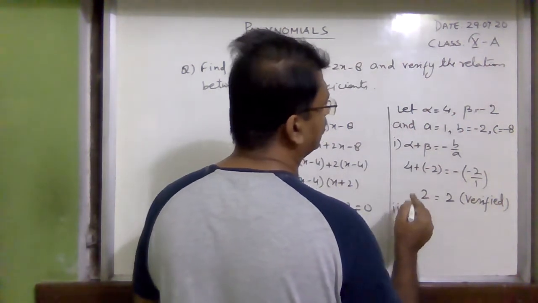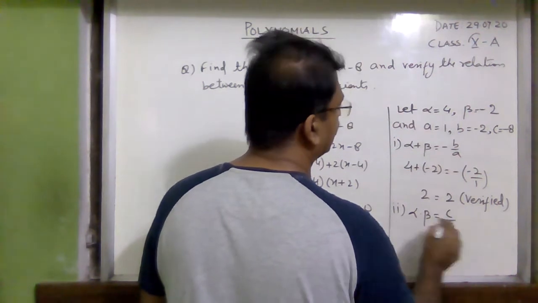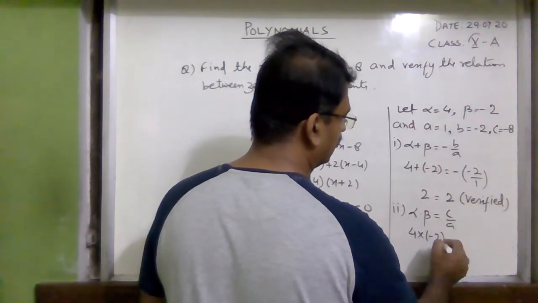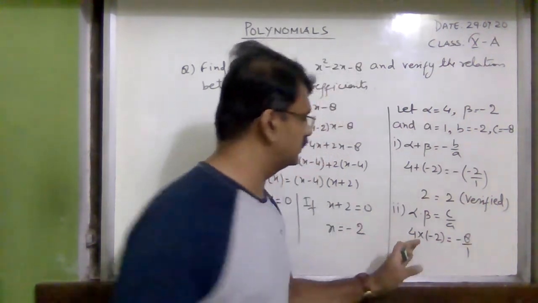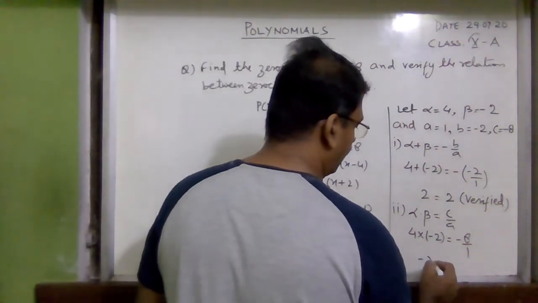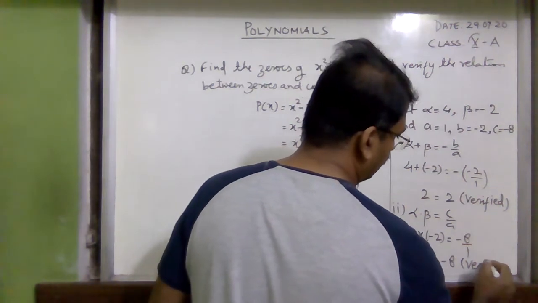Now the second part, alpha into beta is equal to c by a. So 4 into minus 2 is equal to minus 8 upon 1. Now you see 4 into minus 2 is minus 8. So minus 8 is equal to minus 8. So this is also verified.